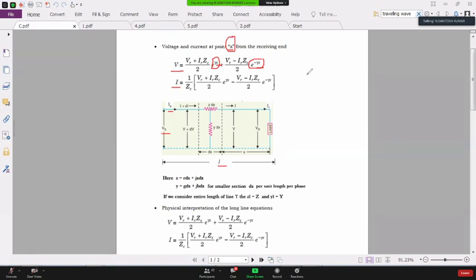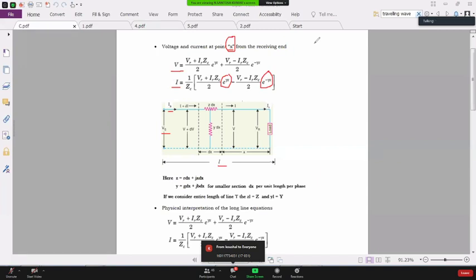We will understand whether the wave is traveling or not. These two factors will explain whether the wave is traveling or not, and similarly for current also, I have two terms again, e power gamma X and e power minus gamma X, right?